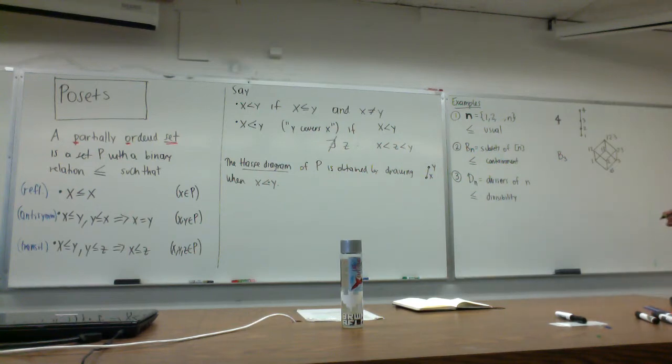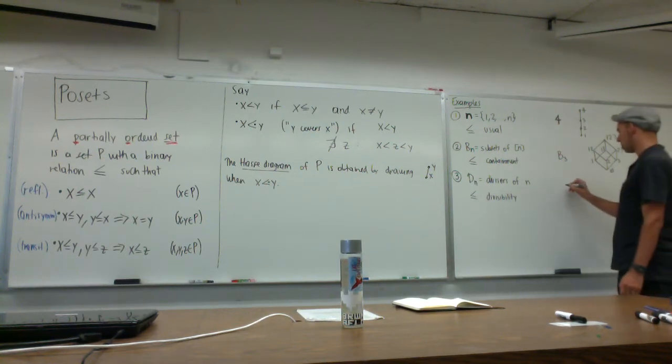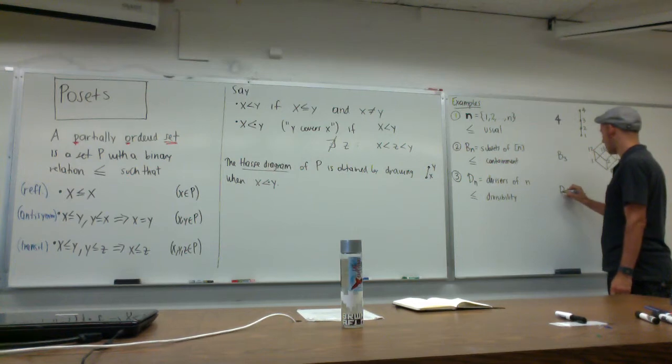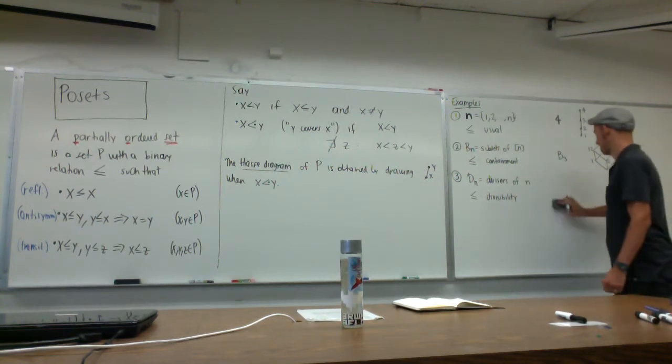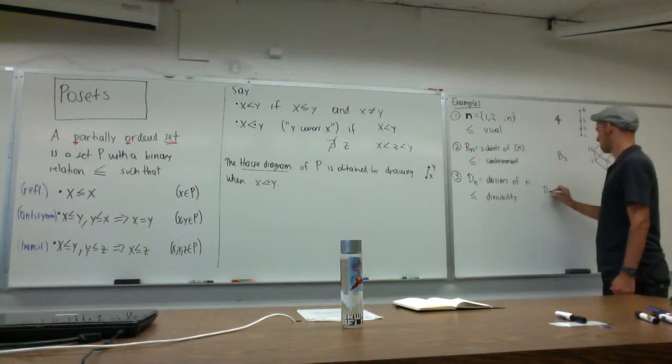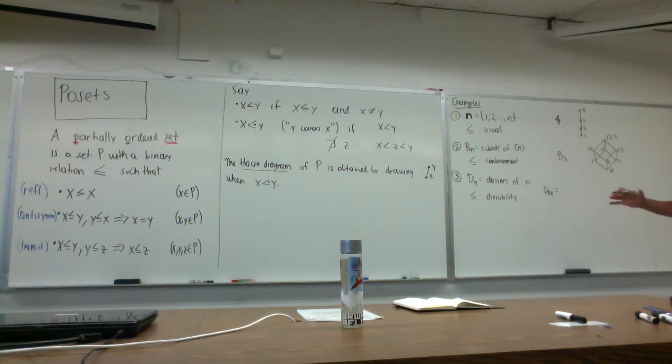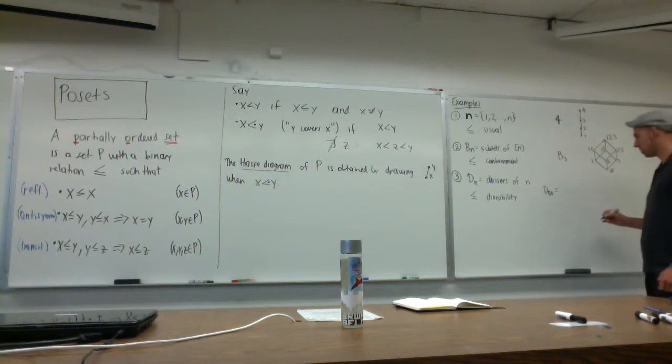So, for example, we could do the divisors of 84. Okay? And they're going to be ordered by divisibility.